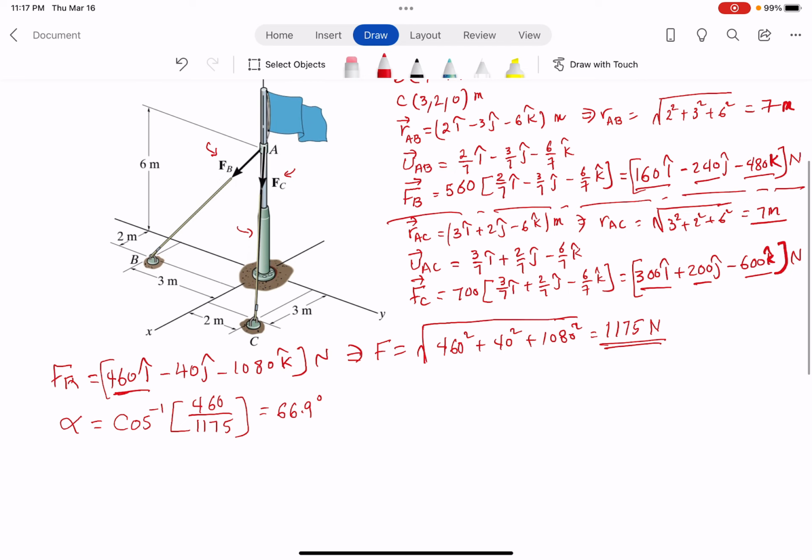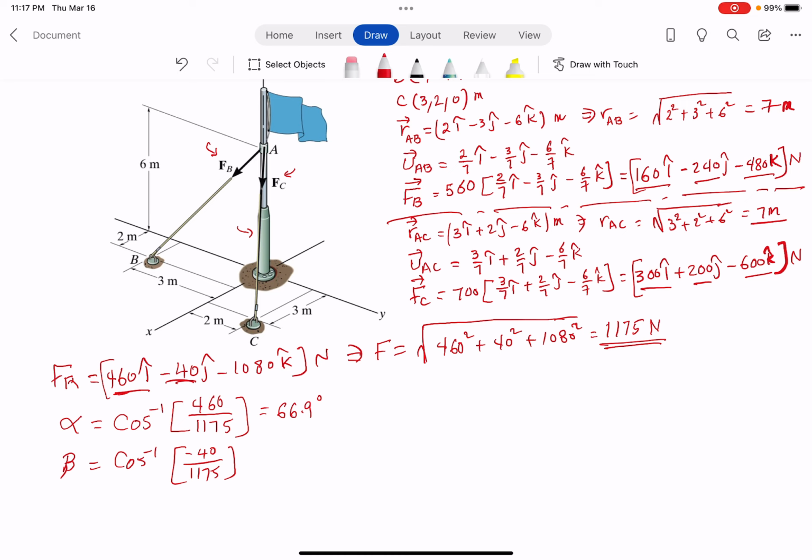And beta, the angle with the y-axis: cosine inverse of minus 40, the force in the y, over 1175.